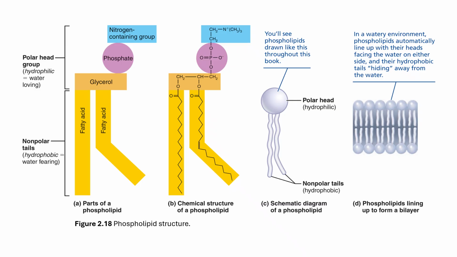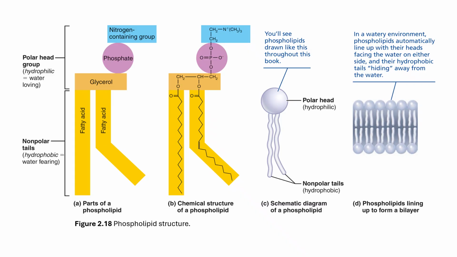So the tail end here is going to be nonpolar, because remember this is a fatty acid. So it's just going to be hydrogens, carbons, and that's it. Up here we have the polar head, which is the hydrophilic group. This is the water loving. So water loving, water fearing. That's the parts of the phospholipid.